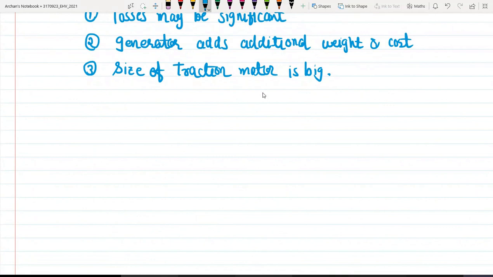Now we know the parallel hybrid electric vehicle. It is a drivetrain in which the engine supplies its power mechanically to the wheels, like in a conventional IC engine powered vehicle. It is assisted by an electric motor that is mechanically coupled to the transmission. The powers of the engine and electric motor are coupled together by mechanical coupling.